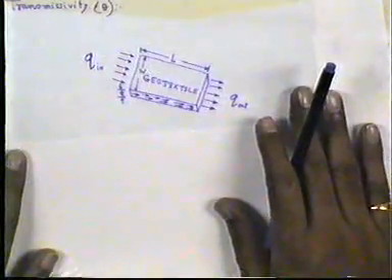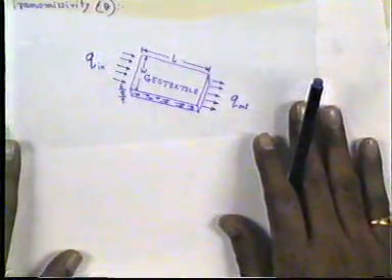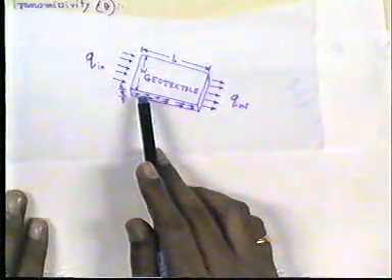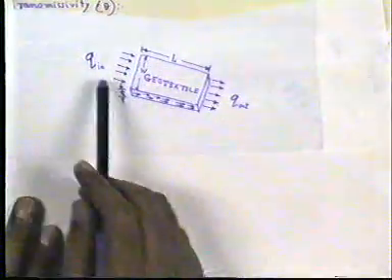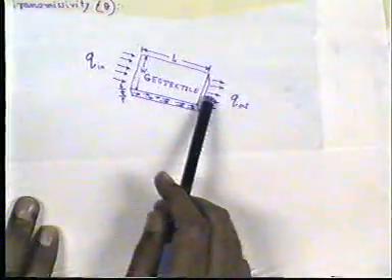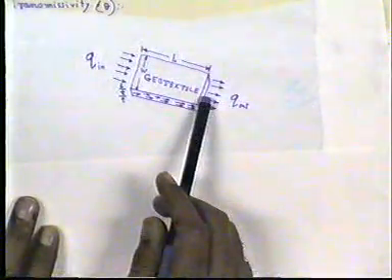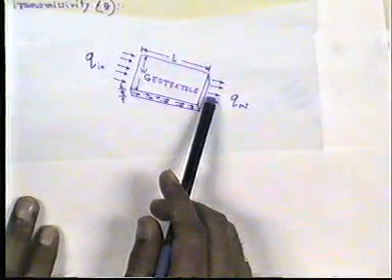There is another test which is called the transmissivity. So, transmissivity testing is to measure the water flow capacity along the plane of the geotextile.